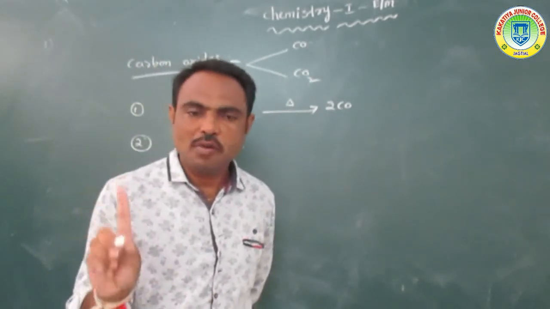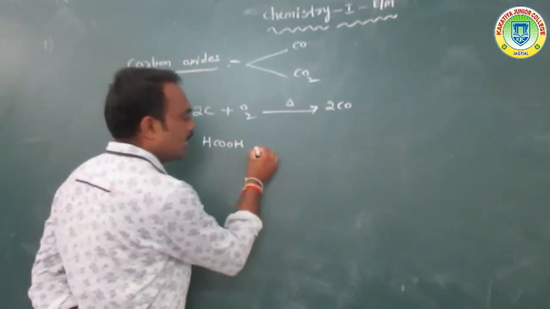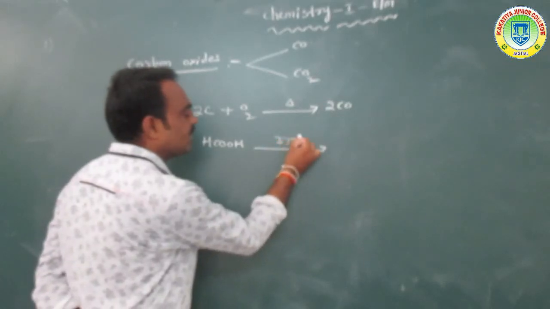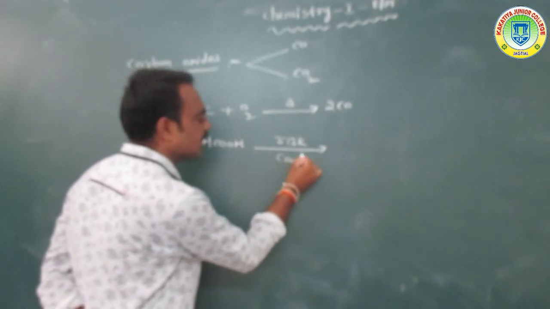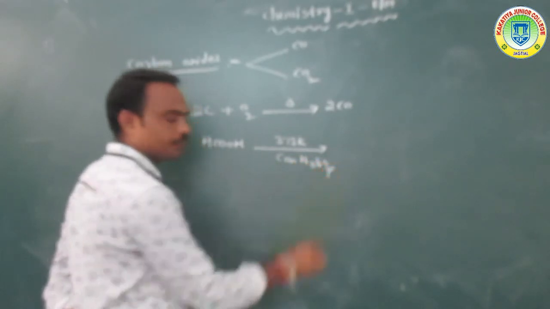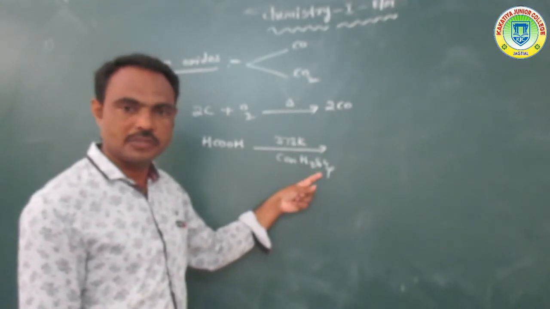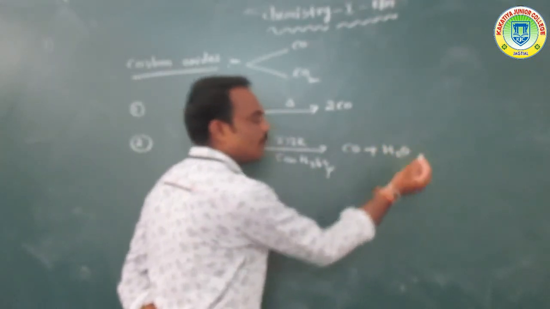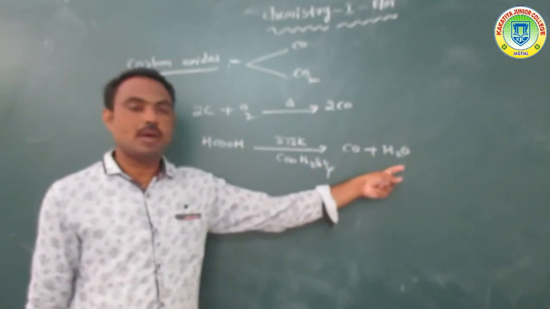When this formic acid is heated at 373 Kelvin in the presence of concentrated H2SO4, it forms CO and water molecules, carbon monoxide and water.